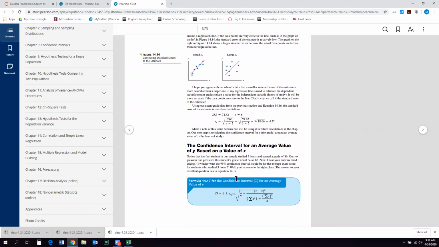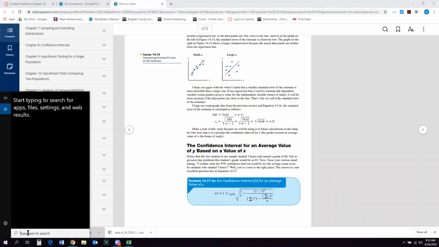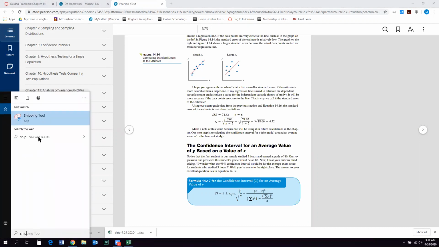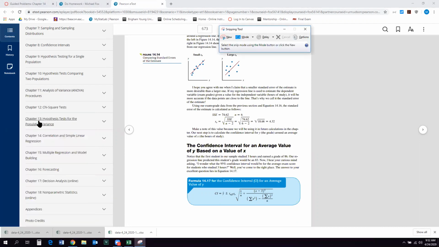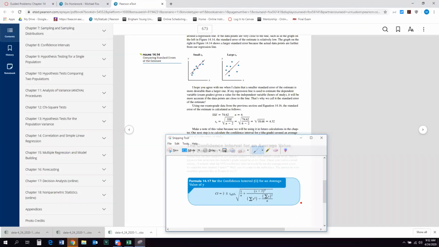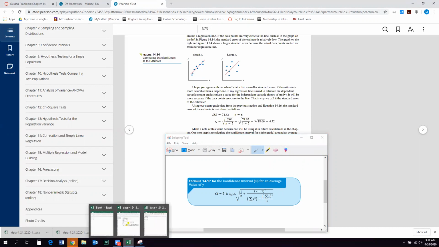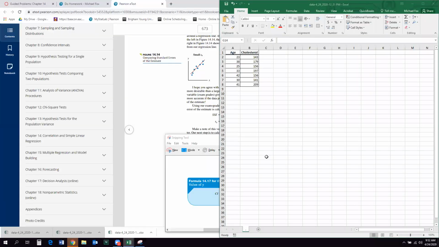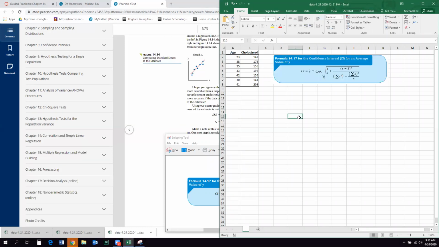So this is the confidence interval for an average value of Y based on X. Just to make our life easier, I'm going to snip this out and put it over in our Excel spreadsheet so we can see it. There we go.